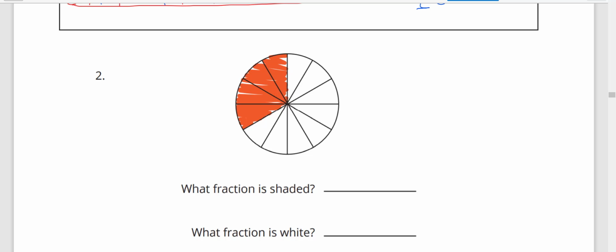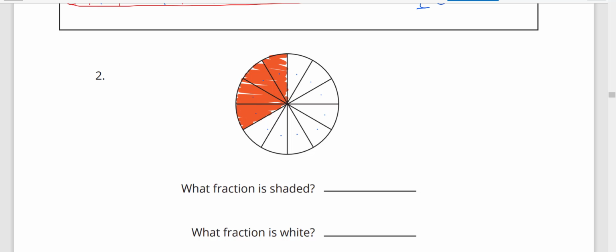Number 2. This circle is divided into, count all parts, 1, 2, 3, 4, 5, 6, 7, 8, 9, 10, 11, 12. This circle is divided into 12 equal parts. What fraction is shaded?